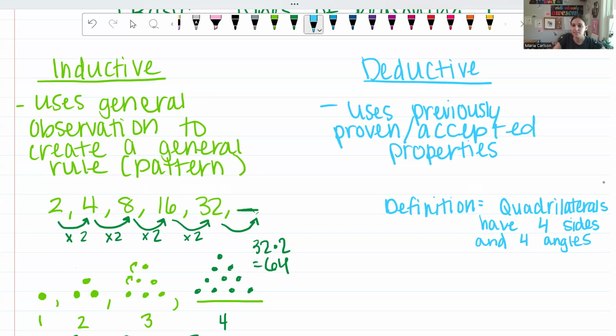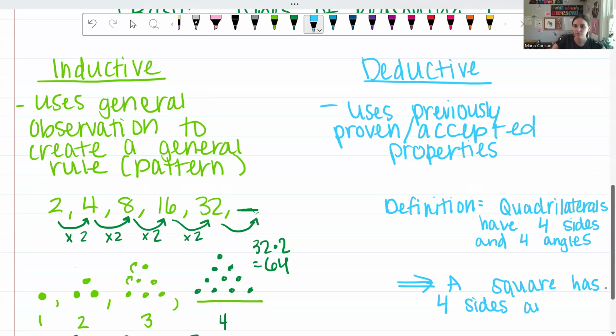So with this definition, then I could reason that a square has 4 angles and 4 sides, or 4 sides and 4 angles. So a square then has to be a quadrilateral.